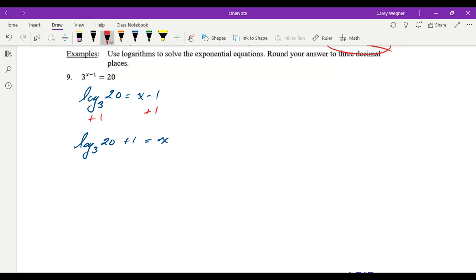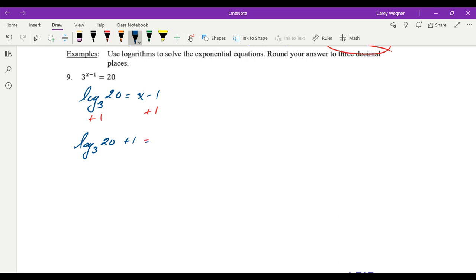If I had taken this 20 and added the 1 to it, it would not be a correct answer, because the 1 is added to the logarithm base 3 of 20. It's not simply added to the 20. So let's back up and write this a little more correctly.